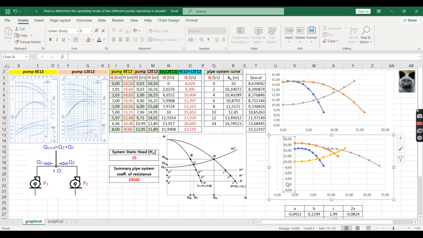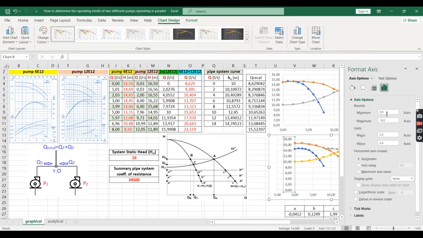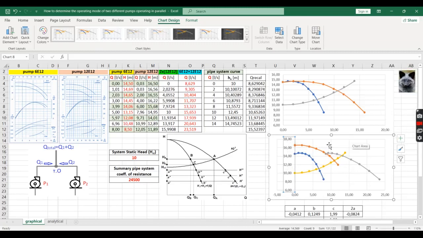We can also change the starting value of the axis. Let's put 6. And now there is a better view of the final diagram of what we are looking at.